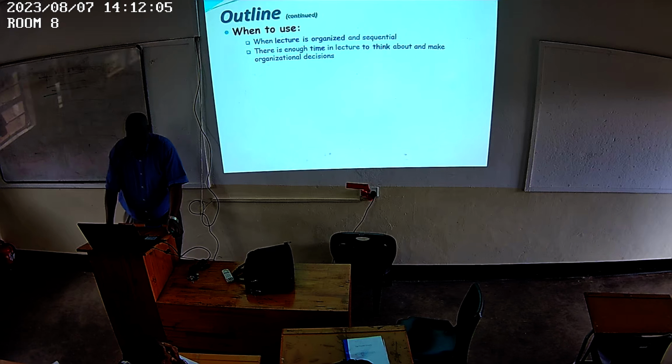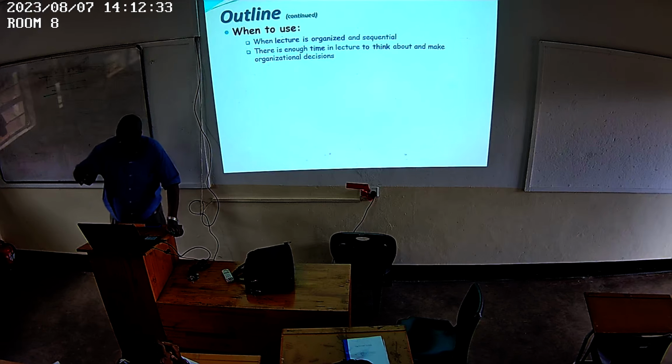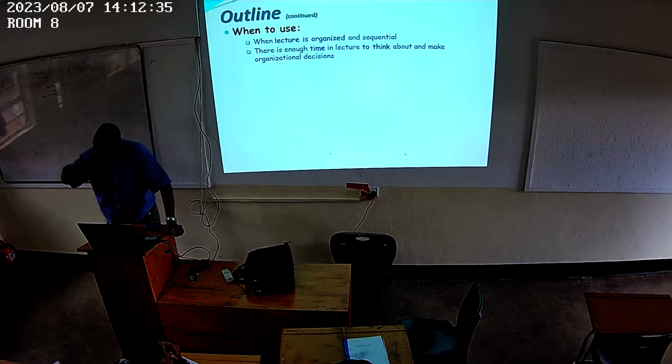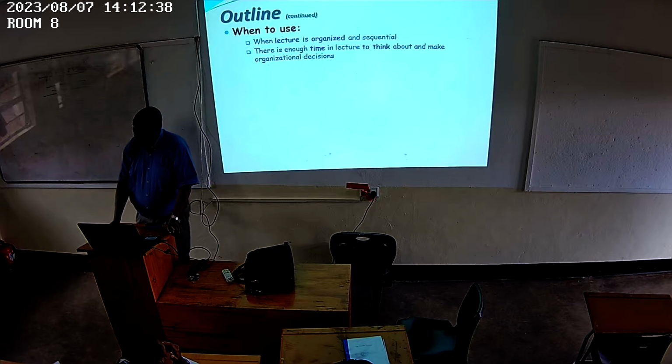So when can you use the outline method? The outline method can be used when the lecture is organized and is sequential. For example, where there are PowerPoints, you can use an outline method because it means that the lecturer has already organized their material.